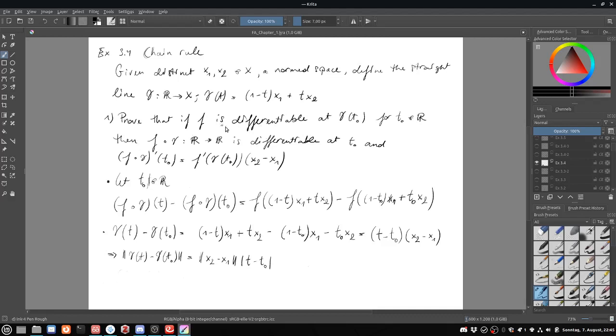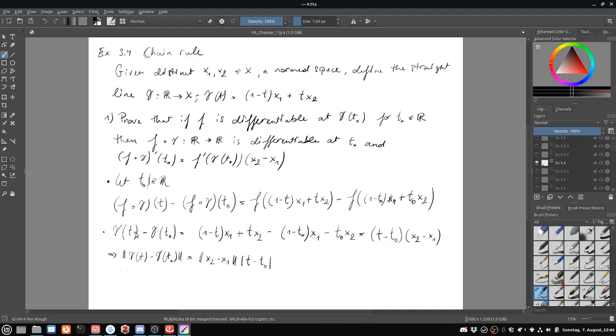Suppose that some function f is differentiable at gamma of t0, and you have to show that then f composed with gamma is differentiable at t0, for t in R. I just went through the steps of f composed with gamma at t minus f composed with gamma at t0, and I think eventually you end up there.